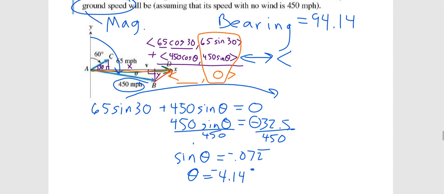Oh, negative 4.14. Hey, plug it in. So 450 cosine negative 4.14. 448.8. Okay, 448.8 and 450 sine negative 4.14. Yeah, negative 32.5.